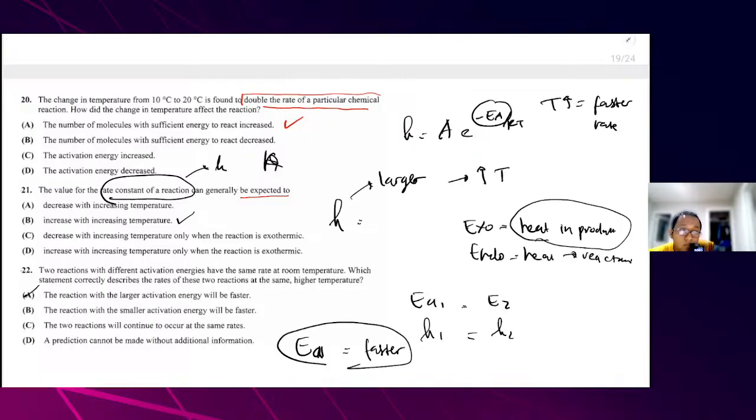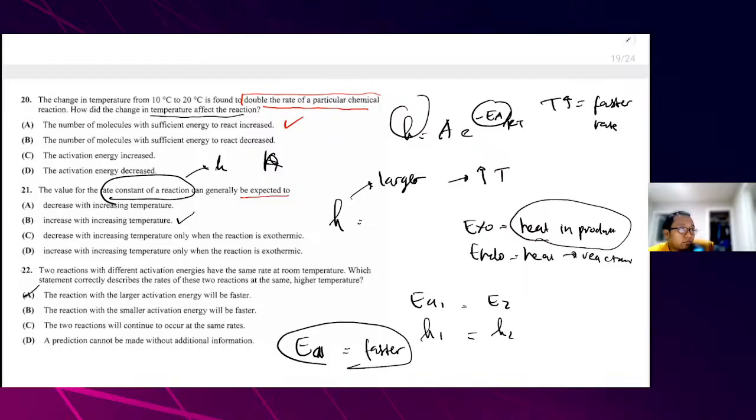How about how temperature affects the rate constant k? The previous one was about how changing temperature affects the reaction itself. So what happens to the rate constant k if we increase the temperature?